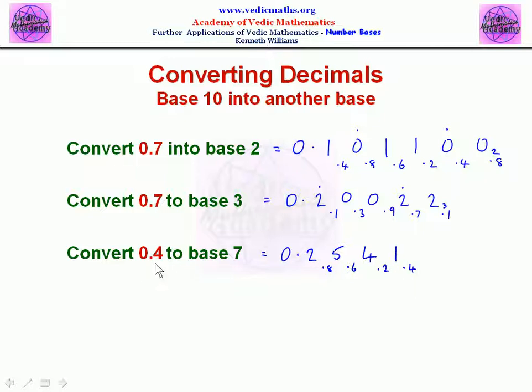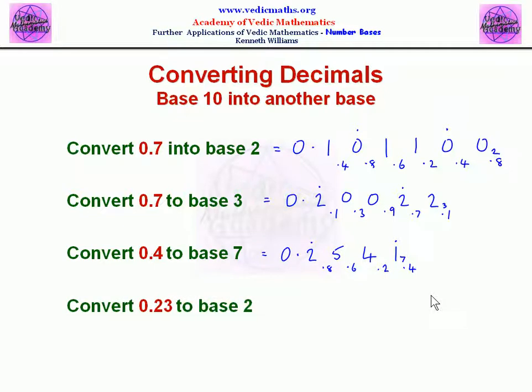And there we've come to the 0.4 that we started with, and so this is going to recur. So those four figures, 2, 5, 4, 1, will recur over and over. So that's the base 7 equivalent of 0.4.